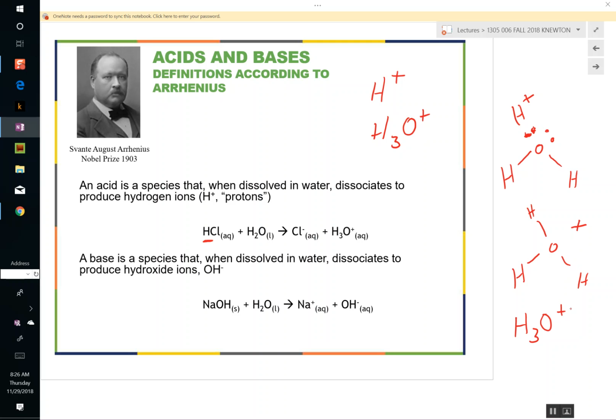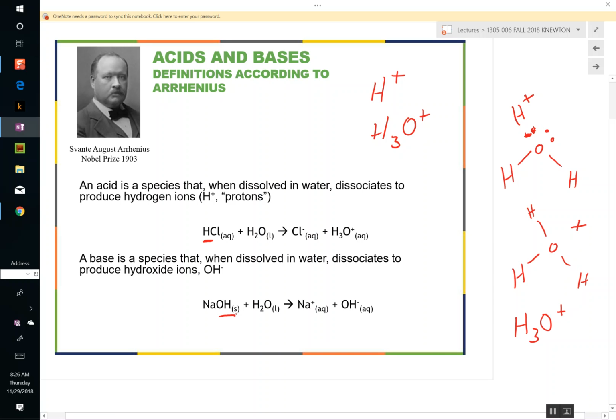And a base, Arrhenius defined a base as a compound that when you dissolve it in water, it dissociates to produce the hydroxide ion. That's a base. Well, you can kind of see what is a base.